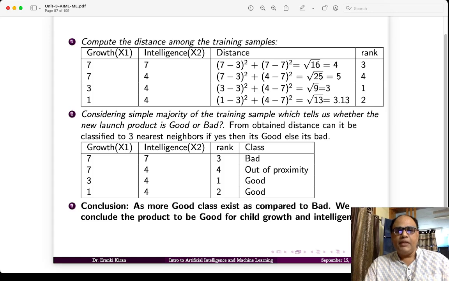Once we apply the Euclidean distance metric, we rank it, and based on that we identify the classes generated. The first one is good, the second one is good. It should be within the three nearest neighbors, so we cannot go beyond that. So 1 and 2 are okay. 3 is bad, and 4 is also out of proximity. As we can see, the majority of them are saying good. So it turns out that the product is good for the child's growth and intelligence.